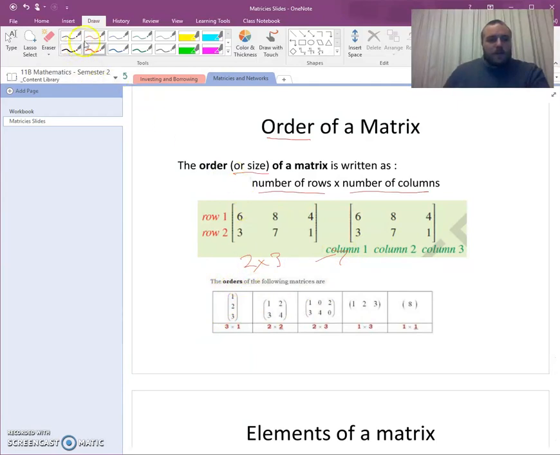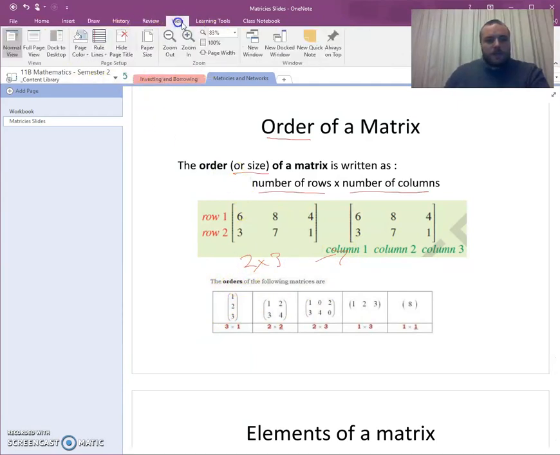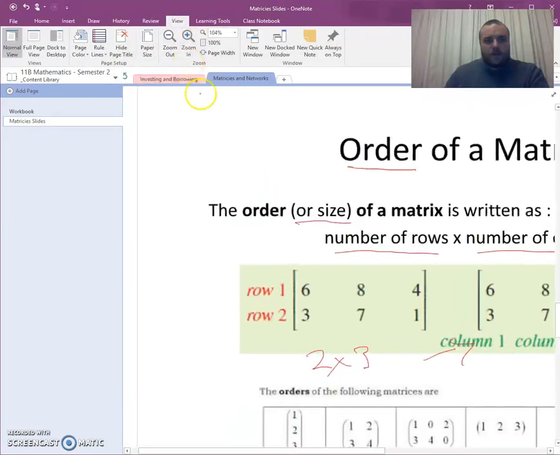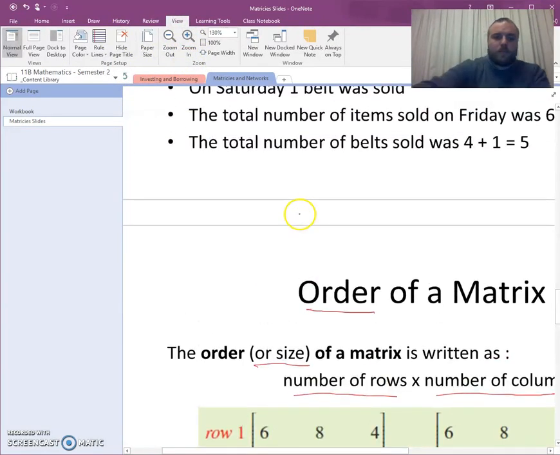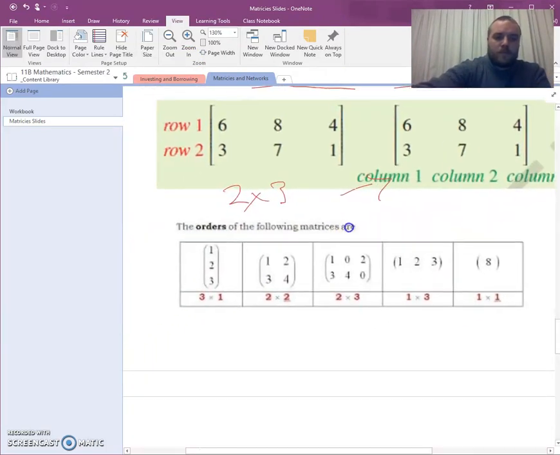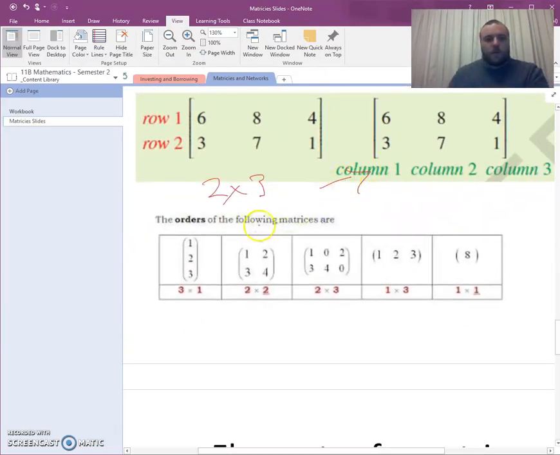We have a look at some of the matrices here, some examples. I'll just zoom in slightly so it's easier to see. Sorry, losing it there. So we've got the order of these matrices. This one has 3 rows, 1, 2, 3, and just 1 column. So it's a 3 by 1.